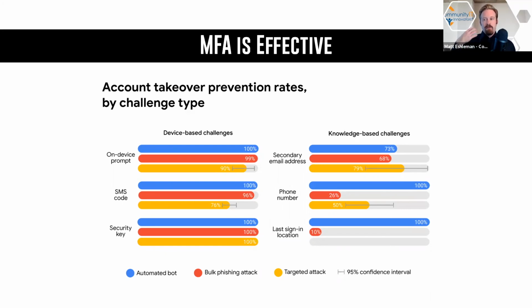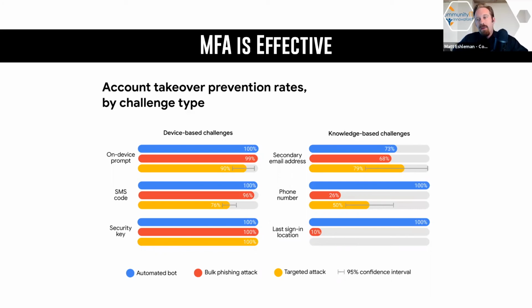Multi-factor authentication is something you know, which is your password, along with something you have, like a smartphone. Those on-device prompts, where you log in and your phone buzzes from the Authenticator app, are 100% effective against those automated bot attacks. So that's the best method that we recommend implementing whenever you're going to make this change.